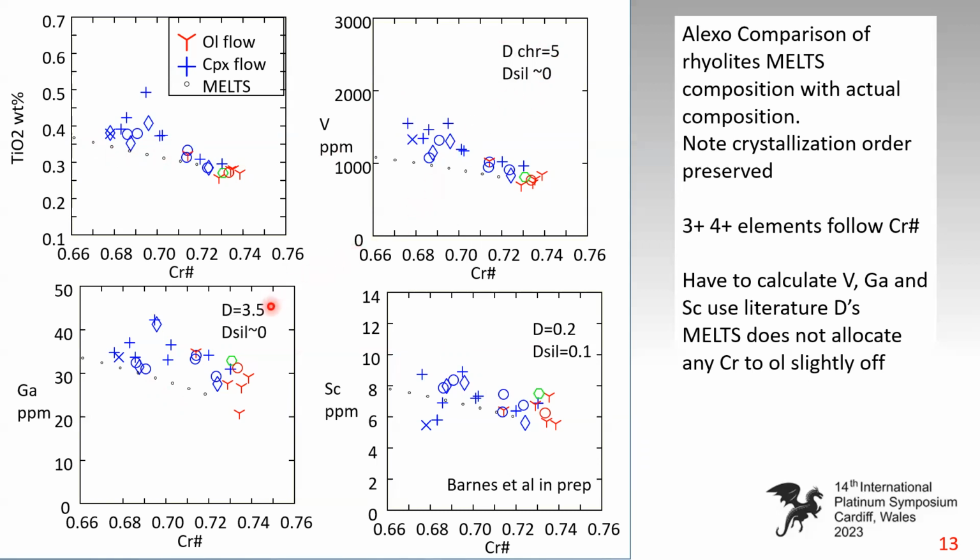It's a little bit more, but gallium the same, 3.5, scandium 0.2. The silicates do take a bit of scandium, and the olivine takes a bit of scandium. But in general, as the chrome number goes down, these elements are all slightly incompatible or strongly incompatible, so they go up. So the point here is the chromite is reflecting the composition of the liquid.